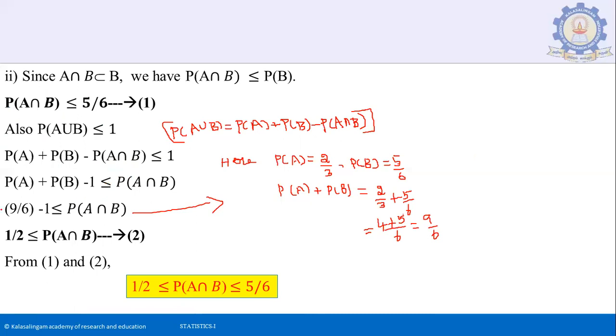So P of A is 2 by 3, P of B is 5 by 6. Simplifying, we get 9 by 6. So 9 by 6 minus 1, or 3 by 2 minus 1, or 1 by 2. So 1 by 2 is less than or equal to probability of A intersection B. Let us call it equation number 2. Combining 1 and 2, we get 1 by 2 less than or equal to probability of A intersection B less than or equal to 5 by 6.